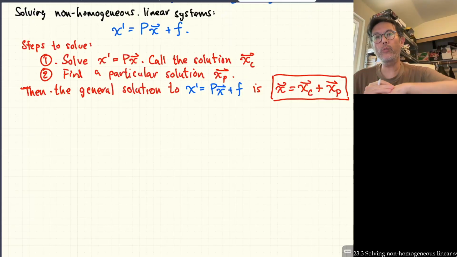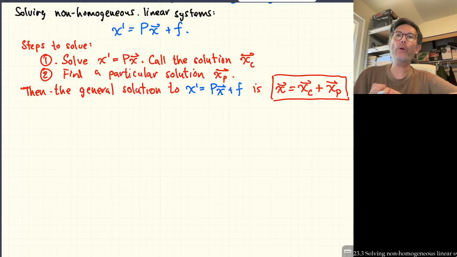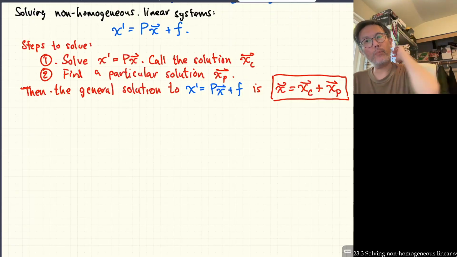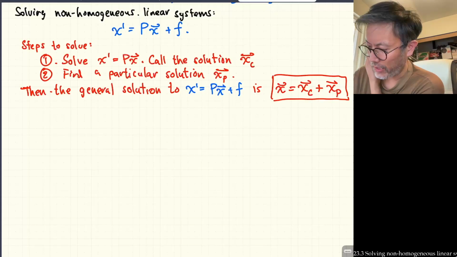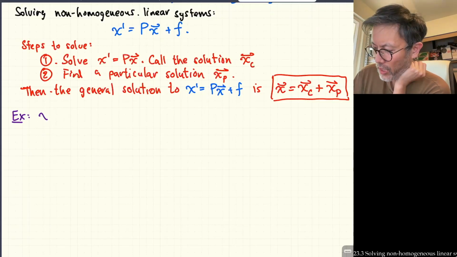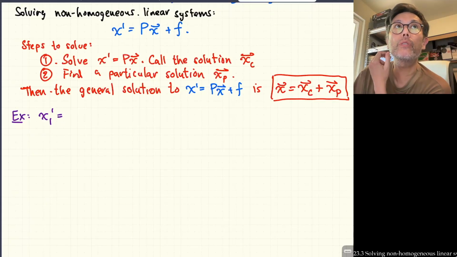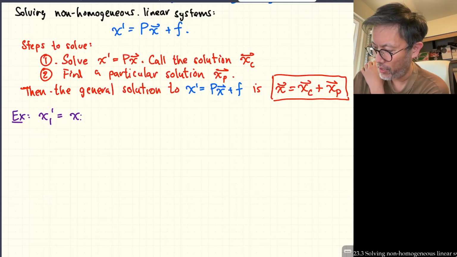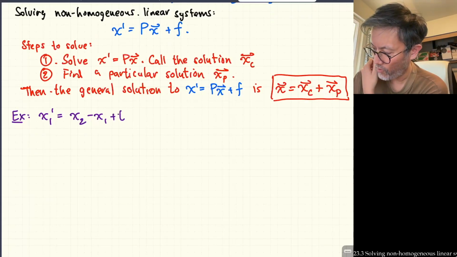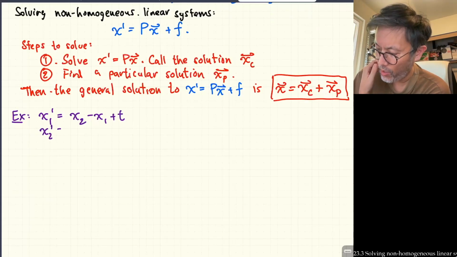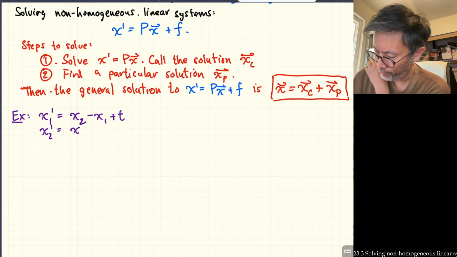What I would rather do here is show you how this worked in practice in a previous example that we have computed. So in the past, we looked at the following system. x1 prime is equal to x2 minus x1 plus t, and x2 prime was equal to x sub 2.